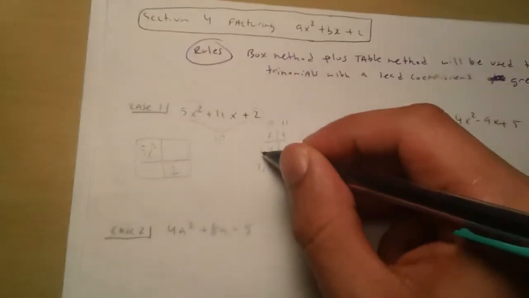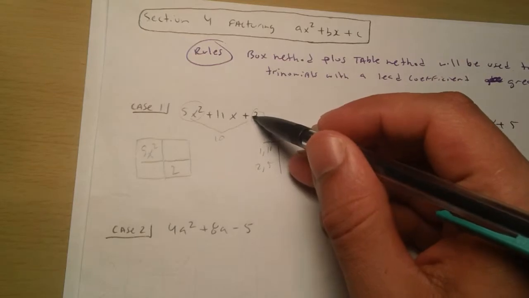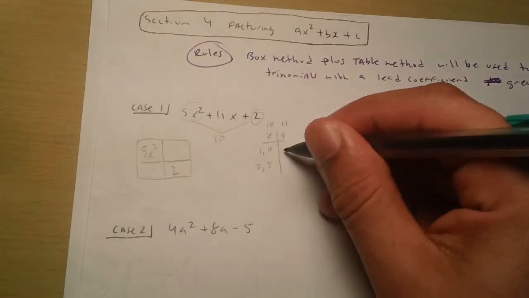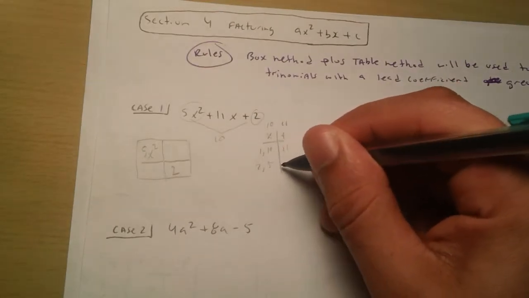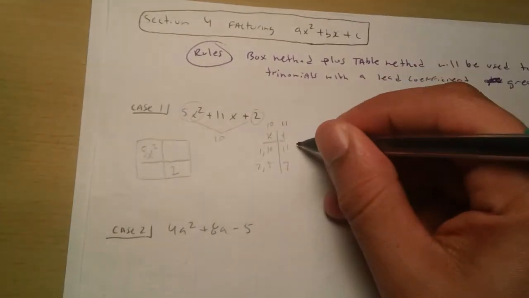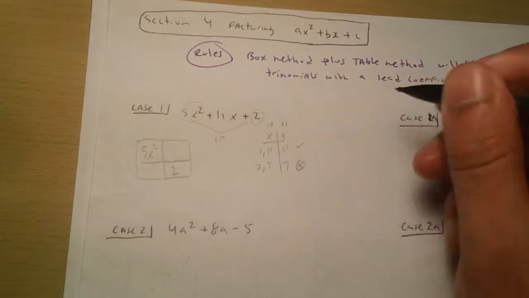Okay, so our C here is positive, and our B is positive, so that means all of our factors will be positive. So 1 plus 10 is 11, 2 plus 5 is 7. We're looking for the 11, so here it is. We have 7, that's not it.